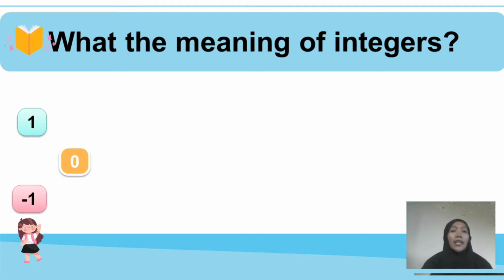Okay, the next, I have a question for you. What is the meaning of integer? We can see the numbers written here: any number 1, 0, and -1. From this, we will know the meaning of integer.